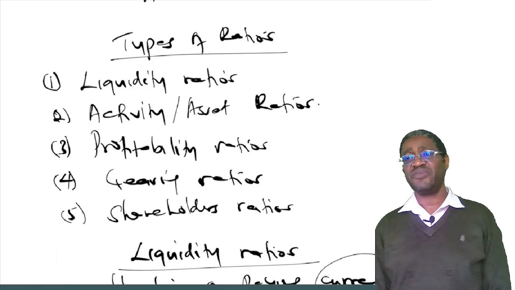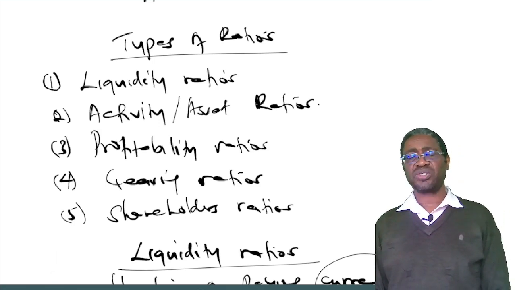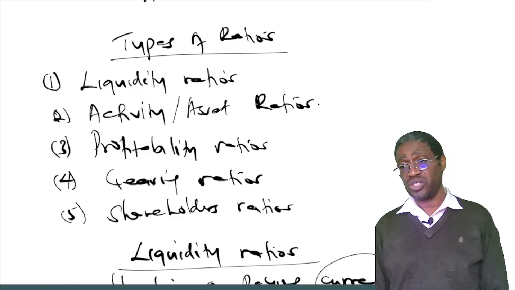Number 2, activity/asset ratios. Number 3, profitability ratios. Number 4, gearing ratios. Number 5, shareholders ratios.